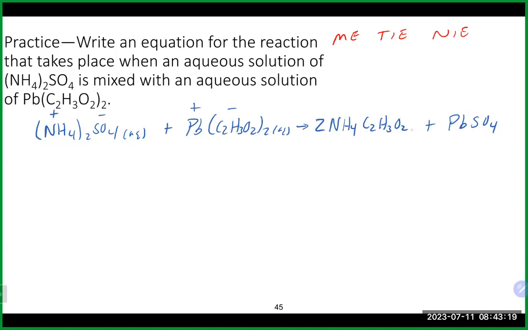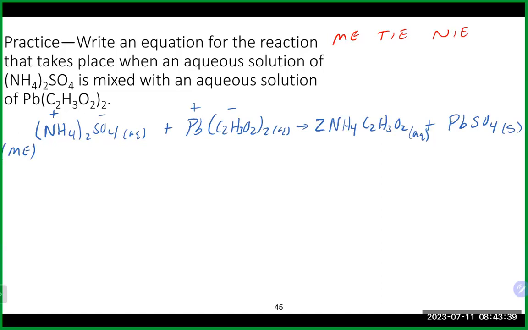Here, ammonium is soluble in everything, so that would be aqueous. Sulfate will be insoluble in this case based on solubility rules, so that will be our solid that is formed, and that should be our balanced molecular equation here. Any questions on that one there?